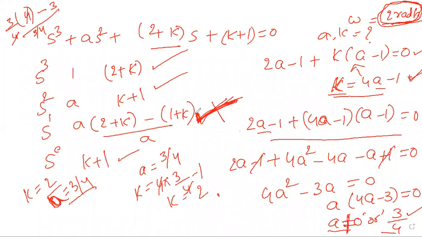It becomes a row of all zeros, right? For which values of a and k does it become a row of all zeros? a equal to 3/4, k equal to 2. When it becomes a row of all zeros, the system oscillates with which frequency? 2 radians per second. Understood?